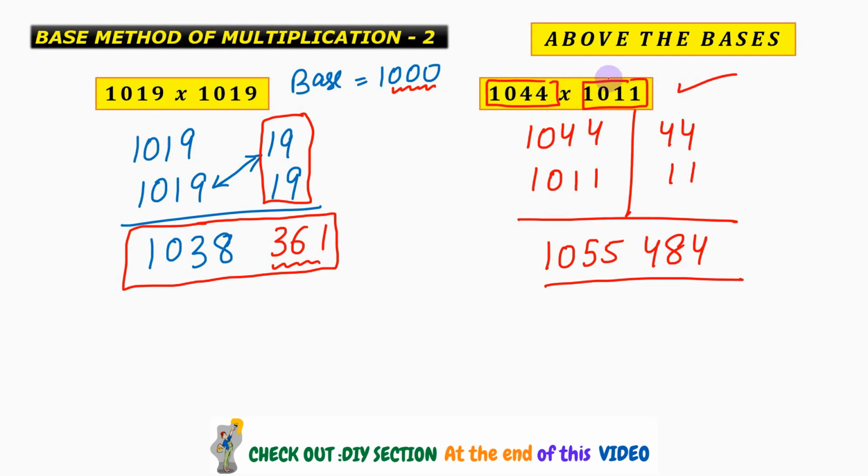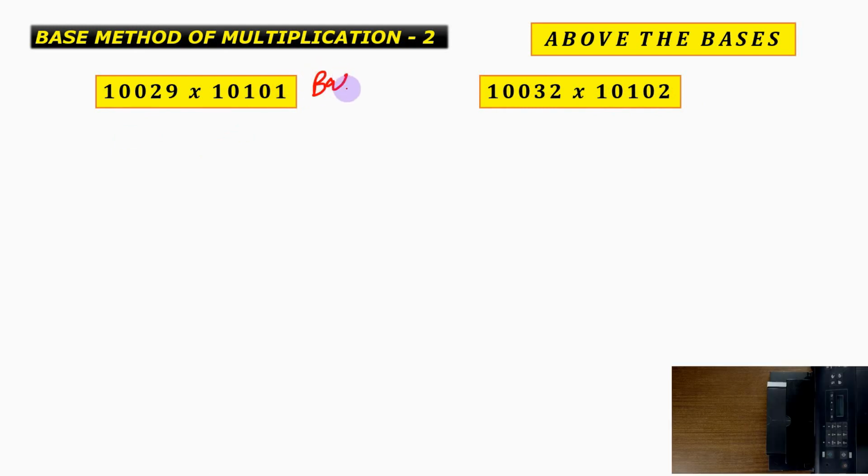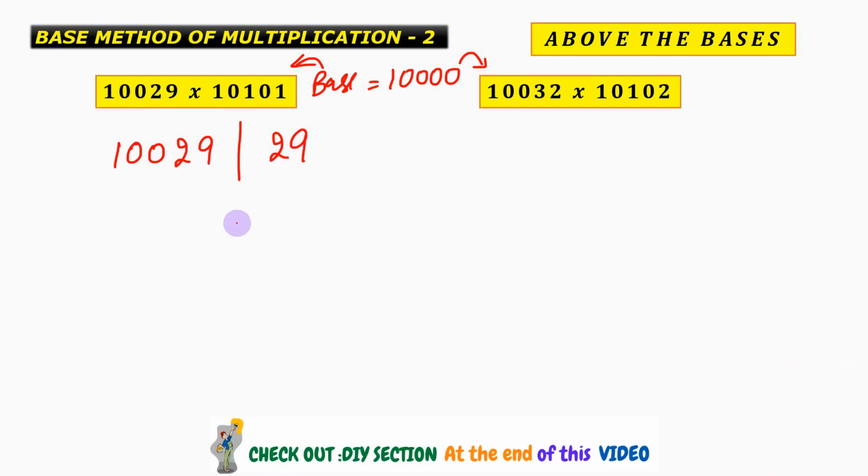Okay. Now let us move on to some 5-digit numbers. So we have 10029 into 10101 and 10032 into 10102. Okay. Now again the base here will be 10000 for both of these questions. Okay. And again we are going to write it as 10029, and because this number is 29 more than 10,000, so we write 29 over here, and then 10101, and we write 101 in this place.